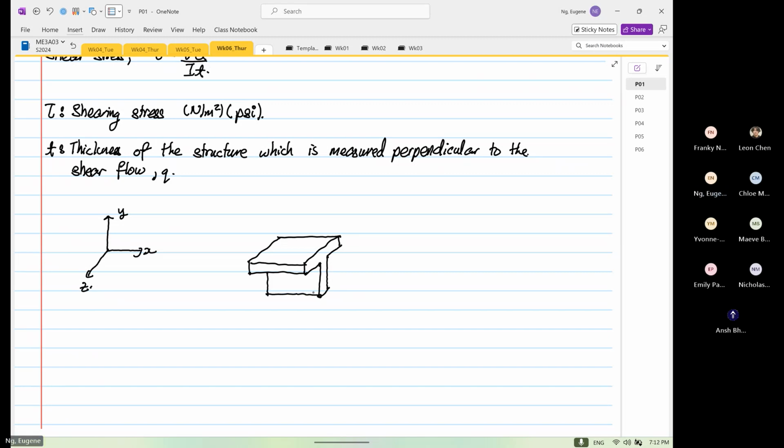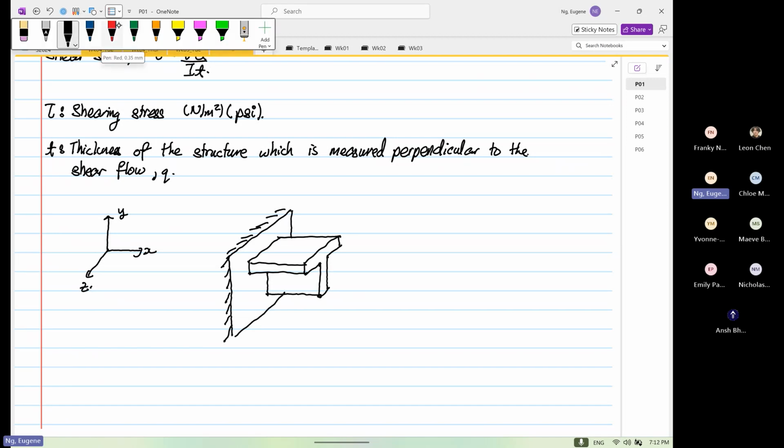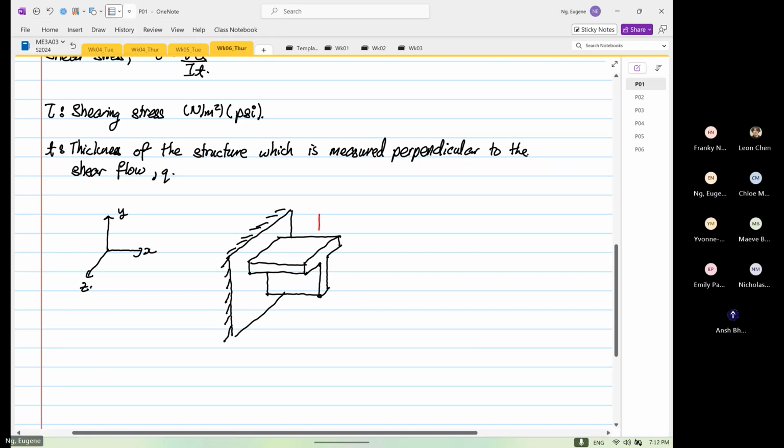So we have this whole thing built into a structure like this. Okay, so it's built in. So with this structure, if we have a shear force coming down, this is our Vy.